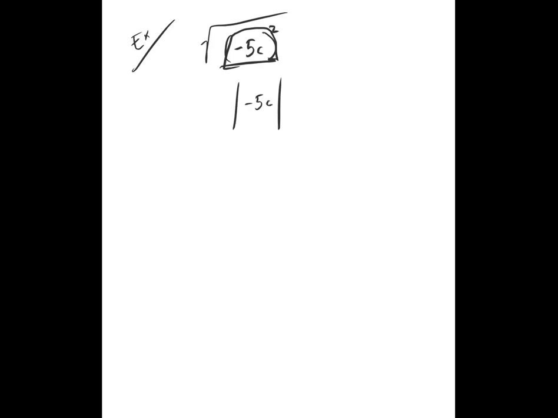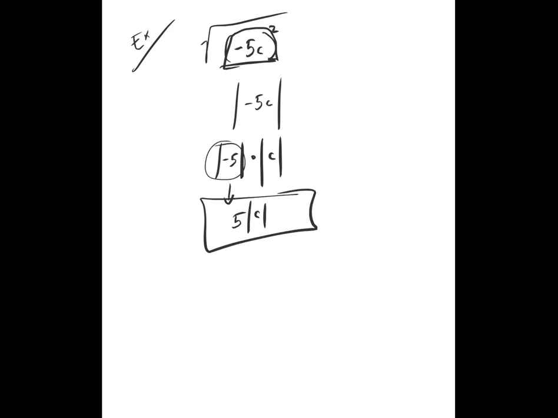Right? But then we can rewrite this as the absolute value of negative 5 times the absolute value of c. And now we can actually do the absolute value of negative 5. So it's 5 times the absolute value of c. Any questions?